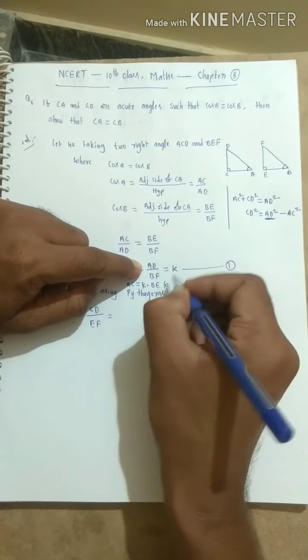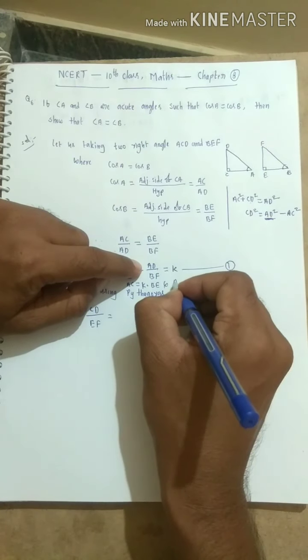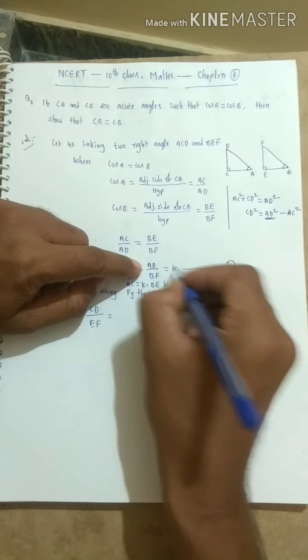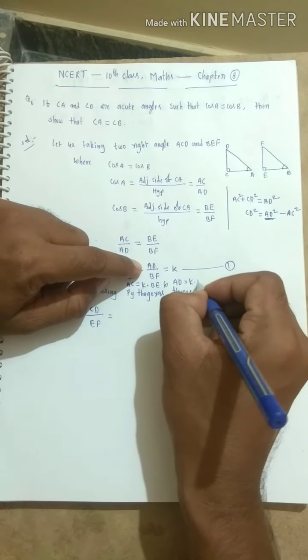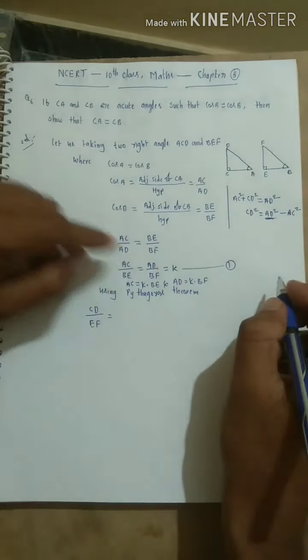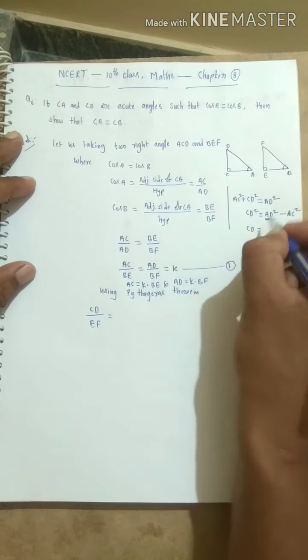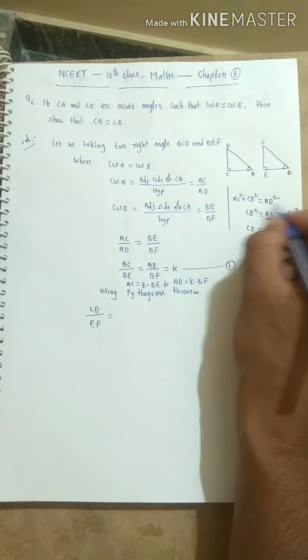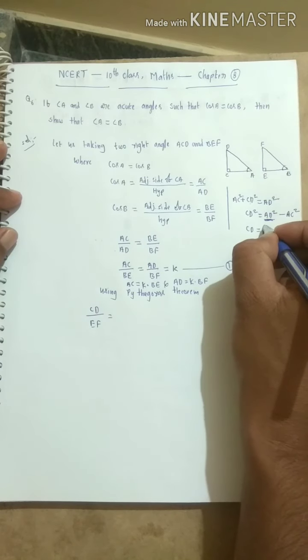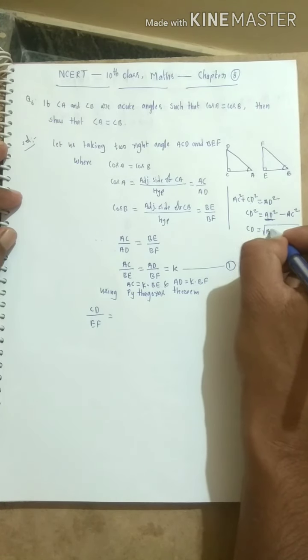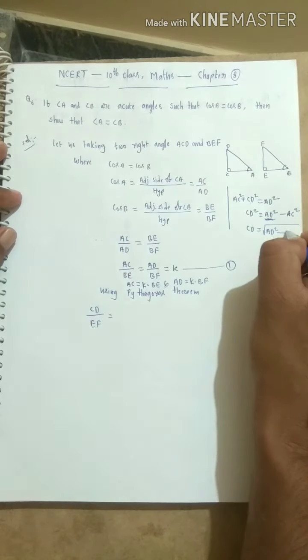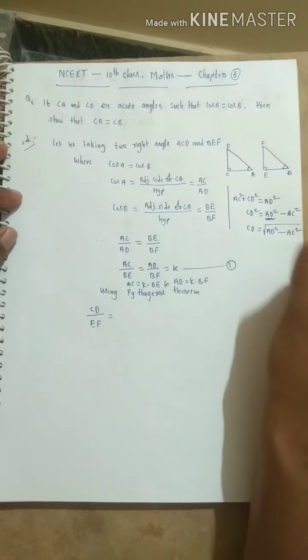Finally AD is equal to K into BF. CD is equal to, square coming to this side as square root of AD square minus AC square.